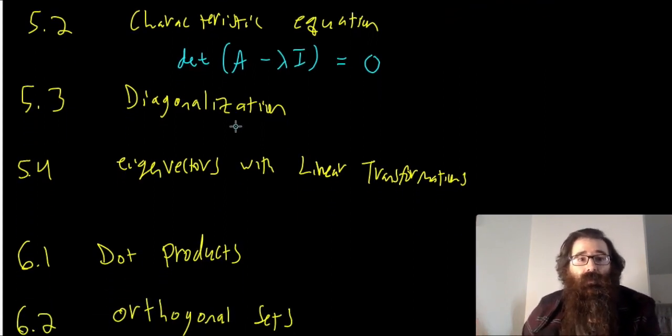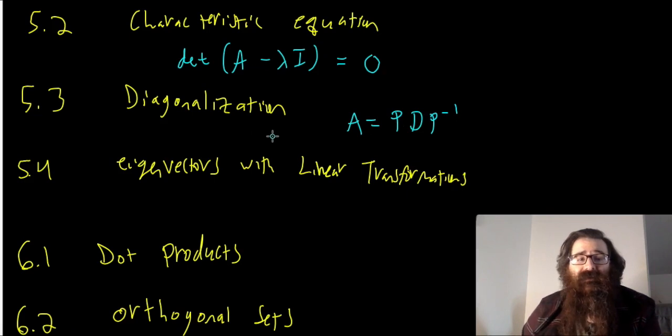Well, one of those motivations is diagonalizing matrices. In the next section, 5.3, we talked about how we can diagonalize matrix A and write A as similar to a diagonal matrix, where A is equal to PDP inverse, where P is an invertible matrix and D is a diagonal matrix.